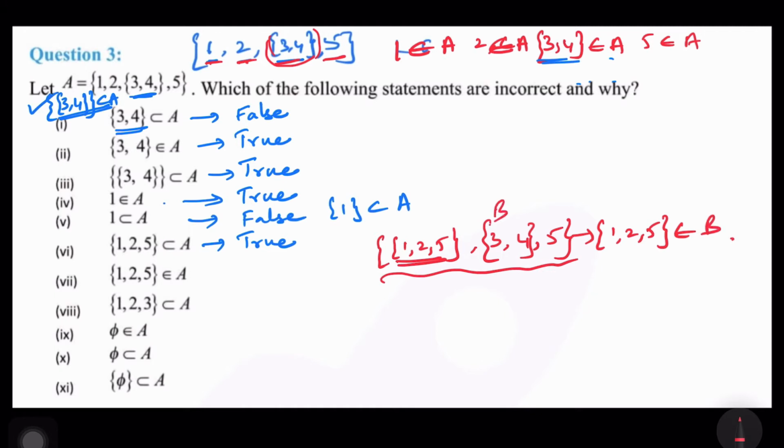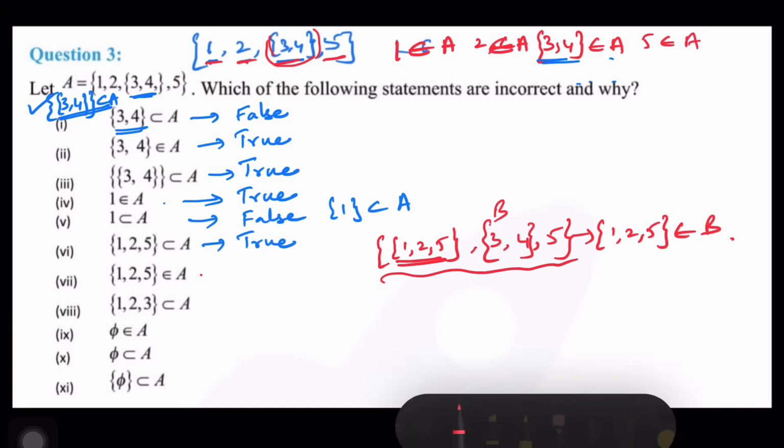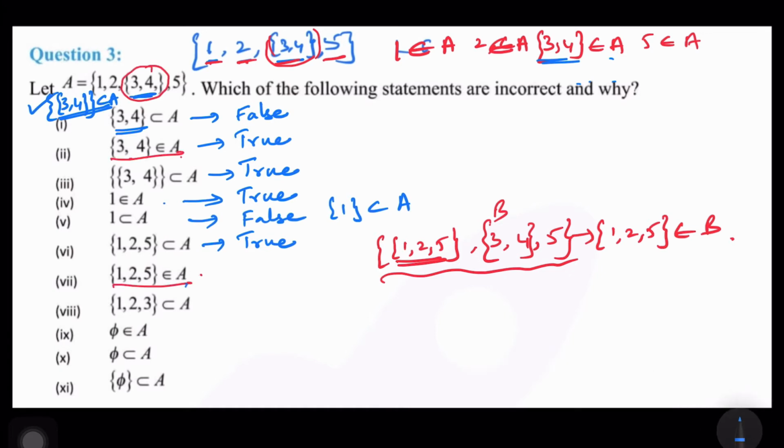But here in this set, 1, 2 and 5 are all separate elements. If it is given within one more braces, then it would belong to A as an element. Only then can you say {1, 2, 5} belongs to A. Therefore this is a false statement.